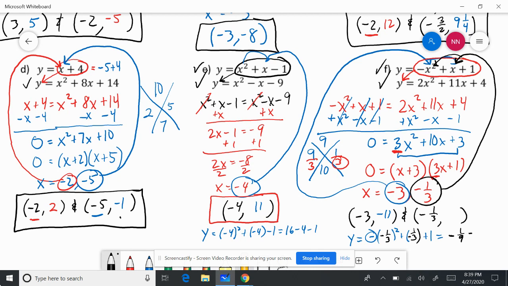Here I have a -1/3, and I have a plus 1. I need a common denominator, which of course would be 9. So -1/9 stays the same. This is -3/9. And this right here would be 9/9. -4 plus 9 is 5. So I get 5/9. And these are my two ordered pairs.